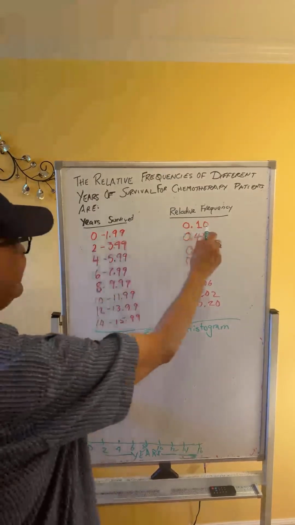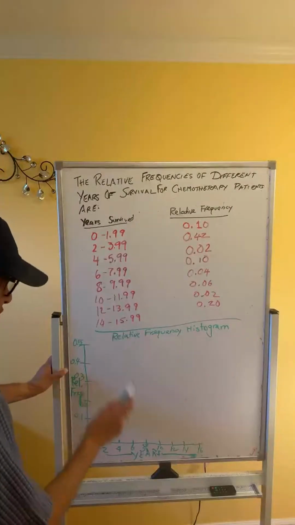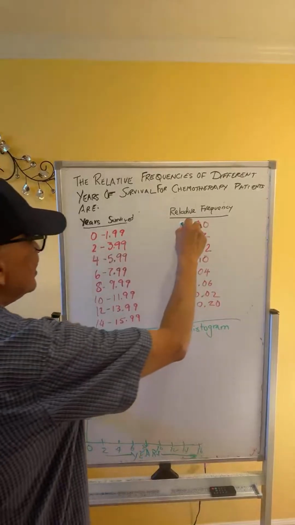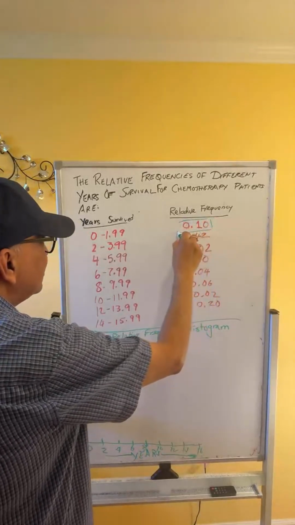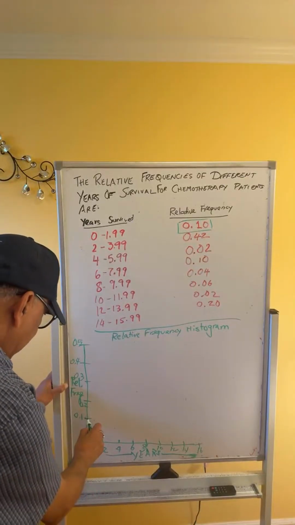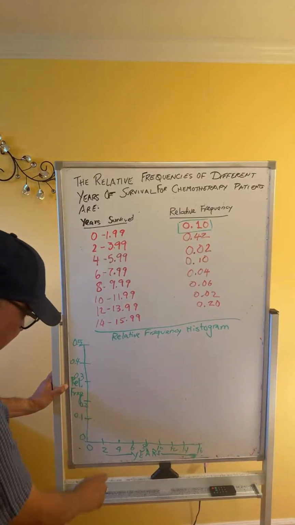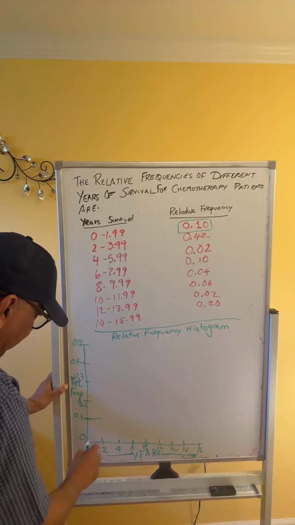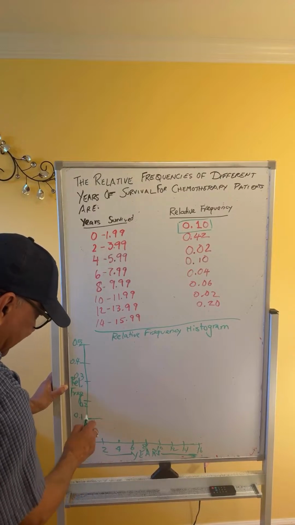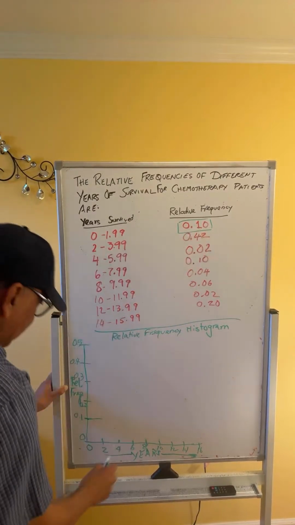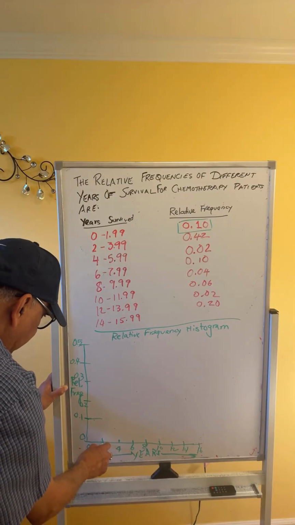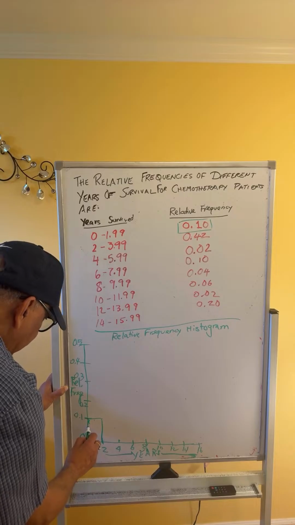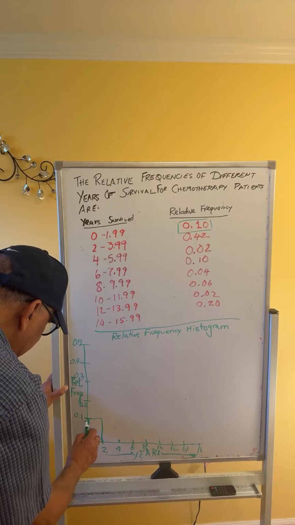Okay, so the relative frequency in the first class is 0.1. This height.